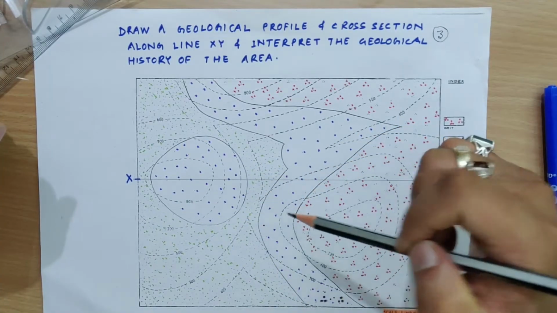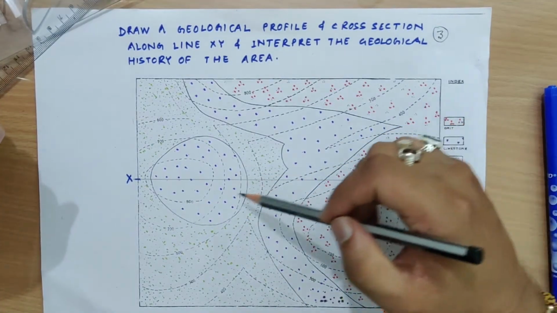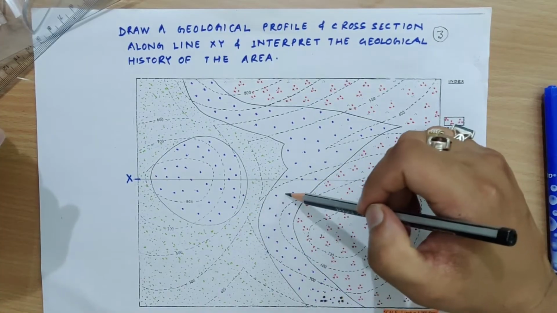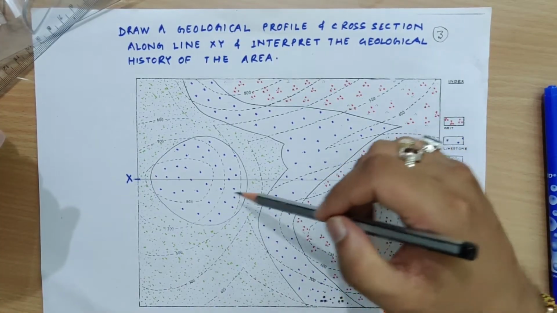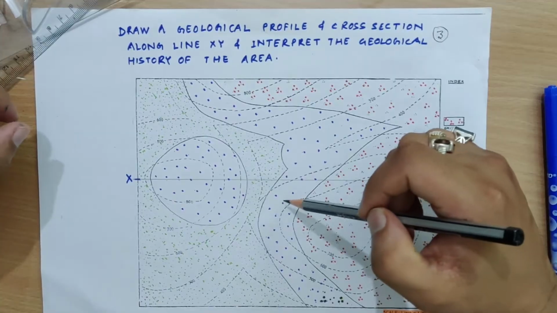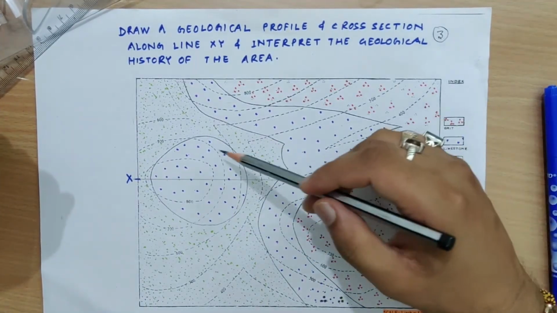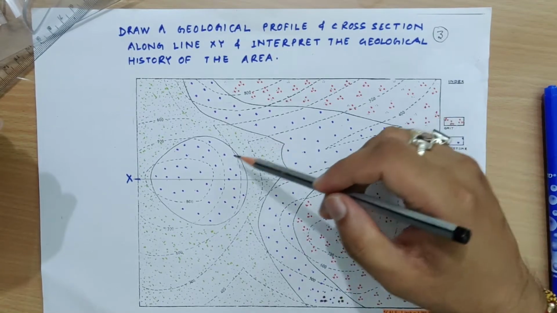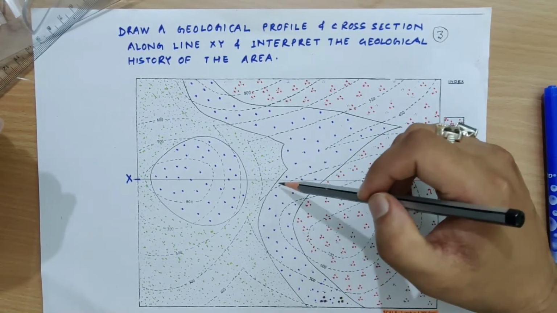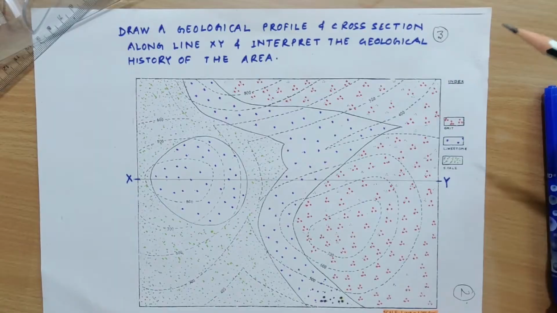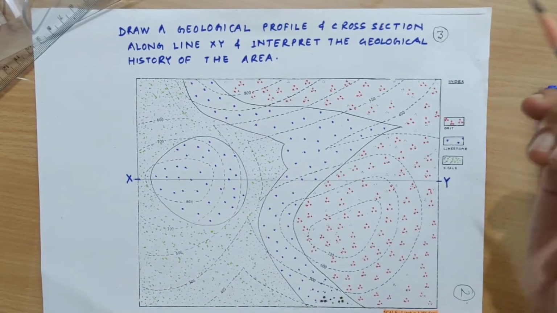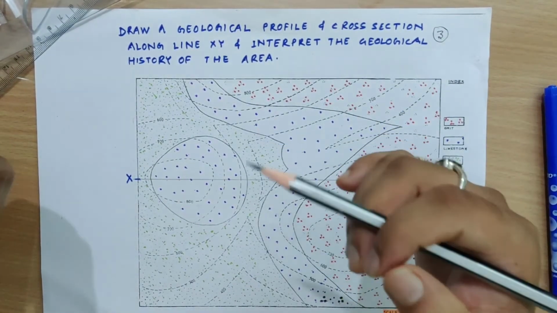But if we see that 1 trace is being repeated, or 2 lithologies are repeated at 2 different places, so this lithology is over here and this lithology is over here, it means 1 trace is being repeated again, so there are only 2 traces. It means there are 2 beds in this particular area.